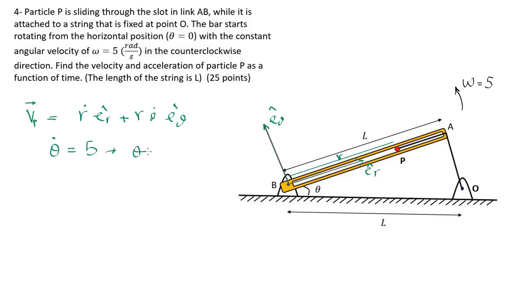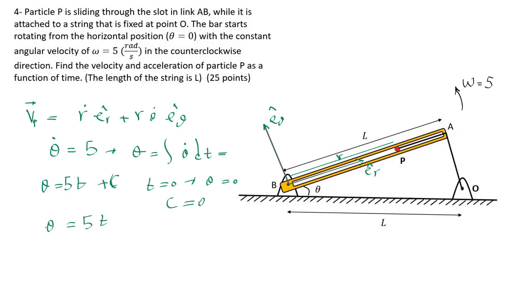So theta is equal to the integral of theta dot dt, which is going to be 5t plus c, where c is the constant of integration. At t equal to 0, theta is equal to 0, so c turns out to be 0. So we have theta is equal to 5t.